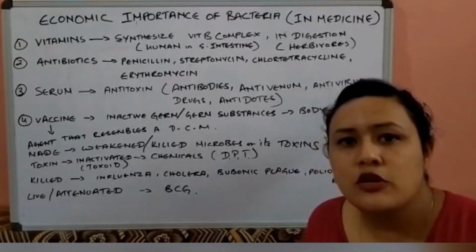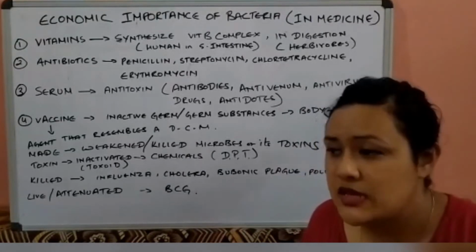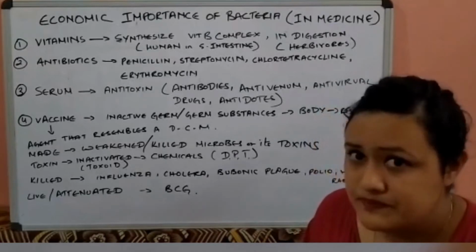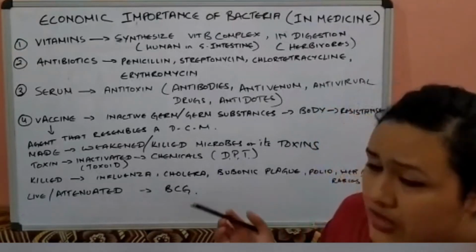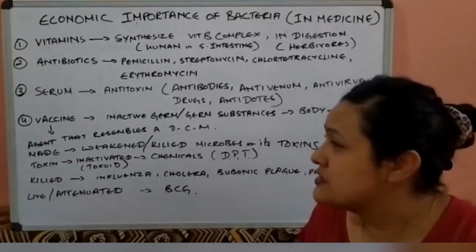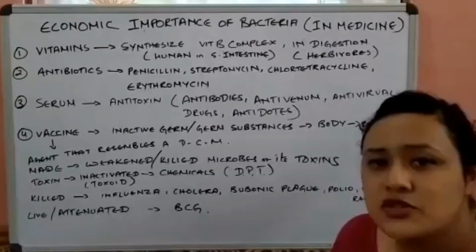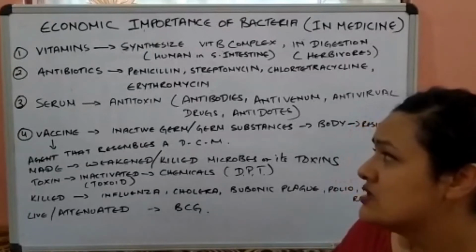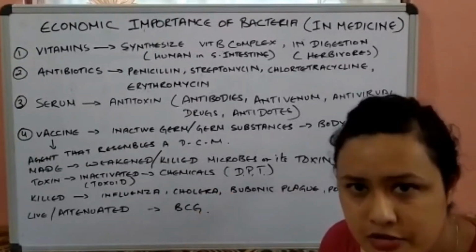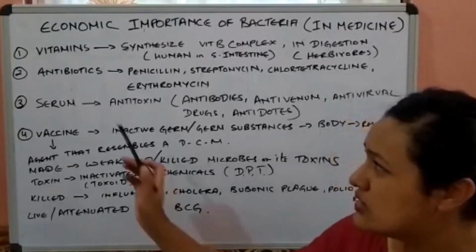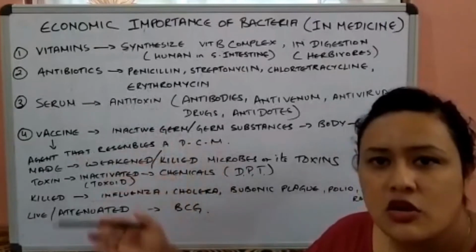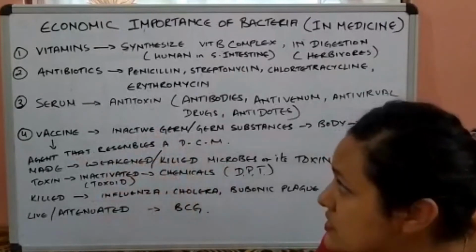So the serum contains antitoxins, meaning substances that help you to fight against or neutralize the toxins that are produced by the germs that enter into your body. That is why it is known as antitoxin. It acts against the toxins produced by the germs.